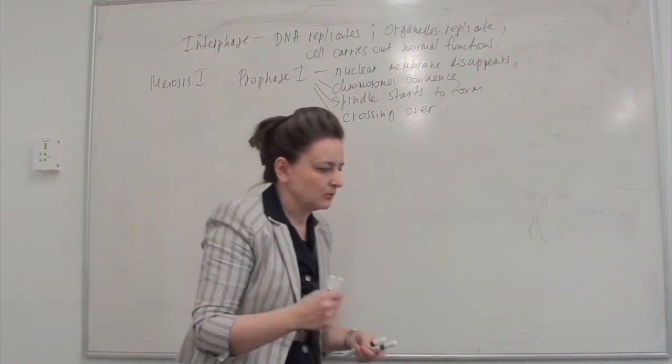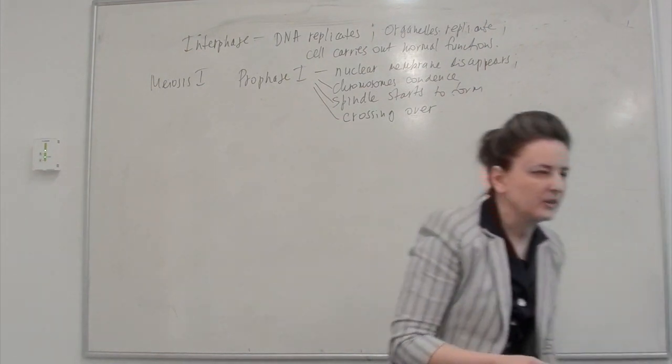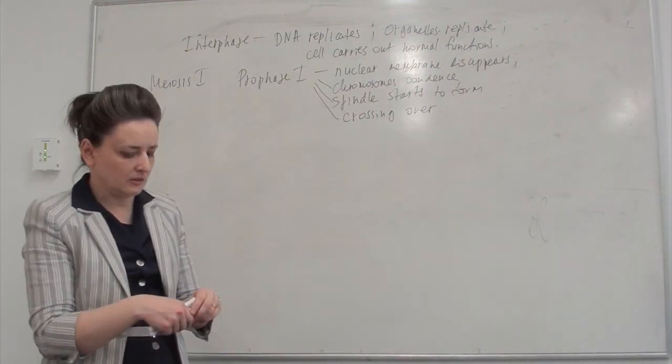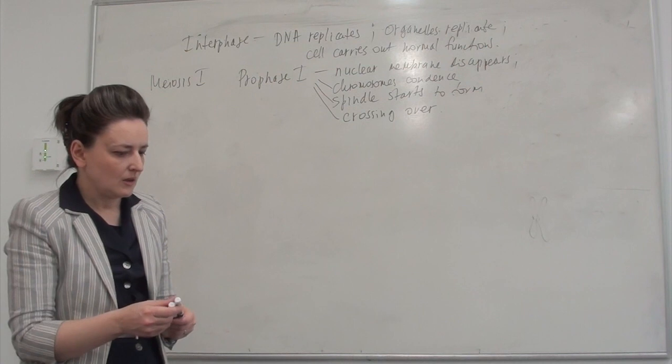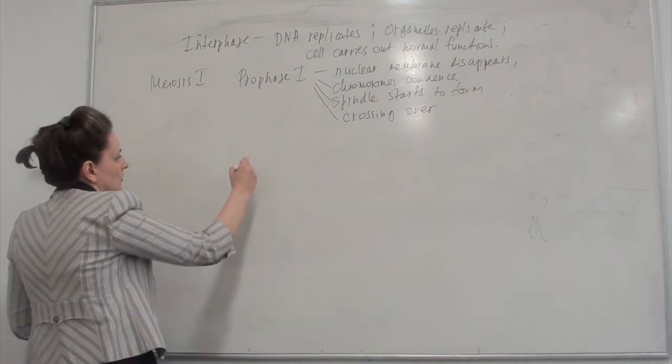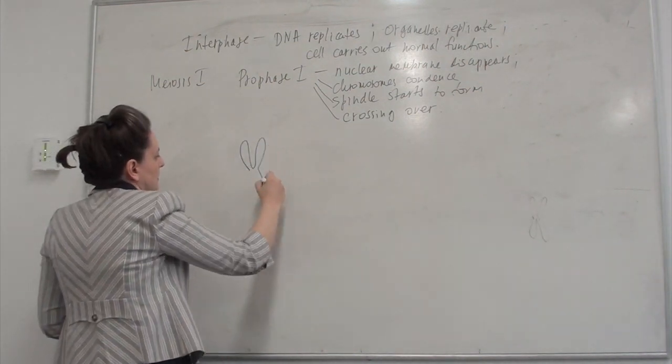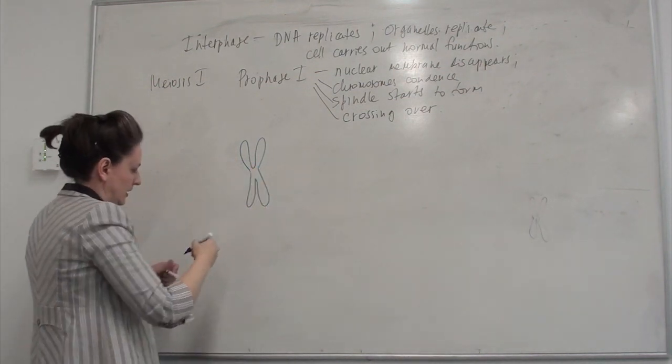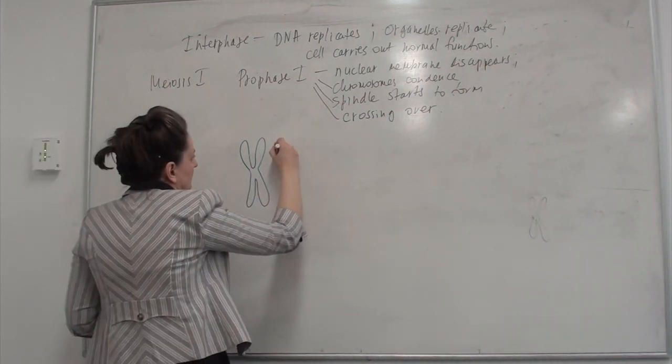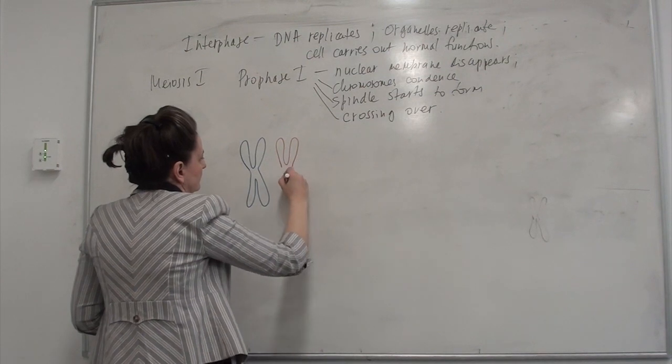Maybe I'll do blue and red. It doesn't really matter which colors, just use your favorite colors. So I'm going to draw one of the chromosomes in one color in my diagram, and my second chromosome is going to be a different color.